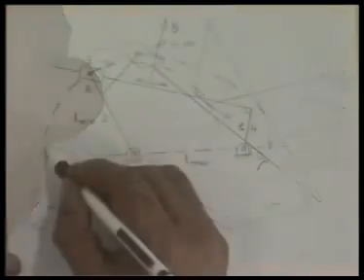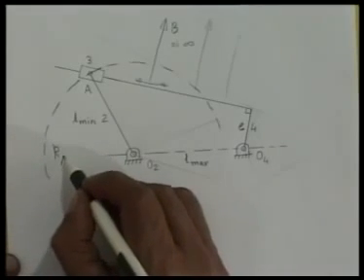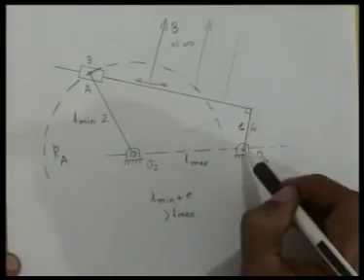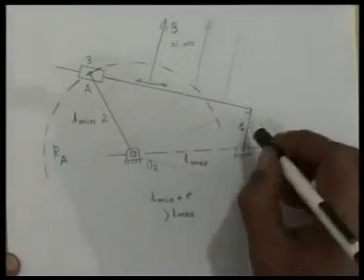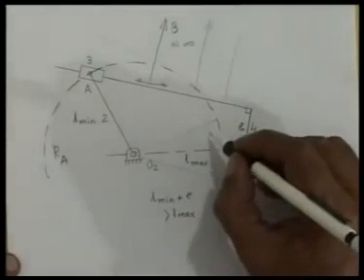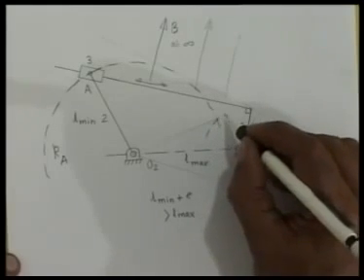This is the path of A. We call it KA. And this offset E, this distance rotates with O4 as center and E as the radius, that is, this corner moves on this circle.